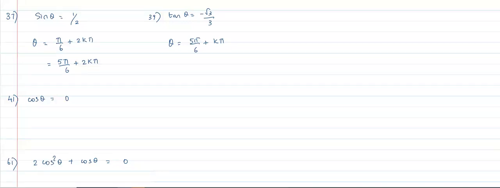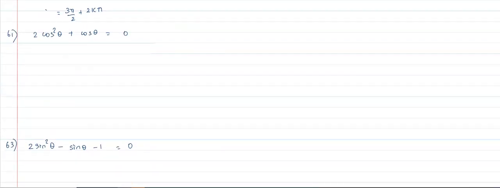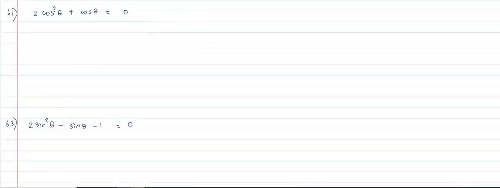Okay, cosine theta is 0, meaning theta is pi over 2 plus 2k pi, or it is 3 pi over 2 plus 2k pi. Okay, then we're going to solve some equations. So here it's quadratic in form, so I factor the cosine theta, then I get this as my factor.